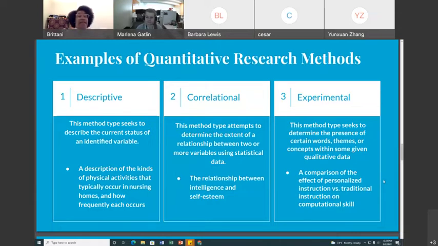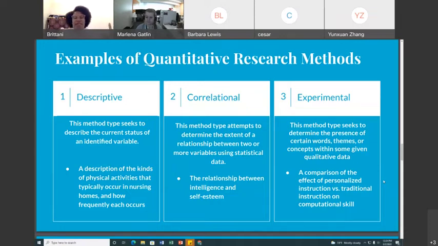So an independent variable is manipulated to determine the effects on dependent variables. Especially if you're in one of the hard sciences, this is probably a method that you're using a lot. The example I've listed here is a comparison of the effect of personalized instruction versus traditional classroom instruction on a computational skill.